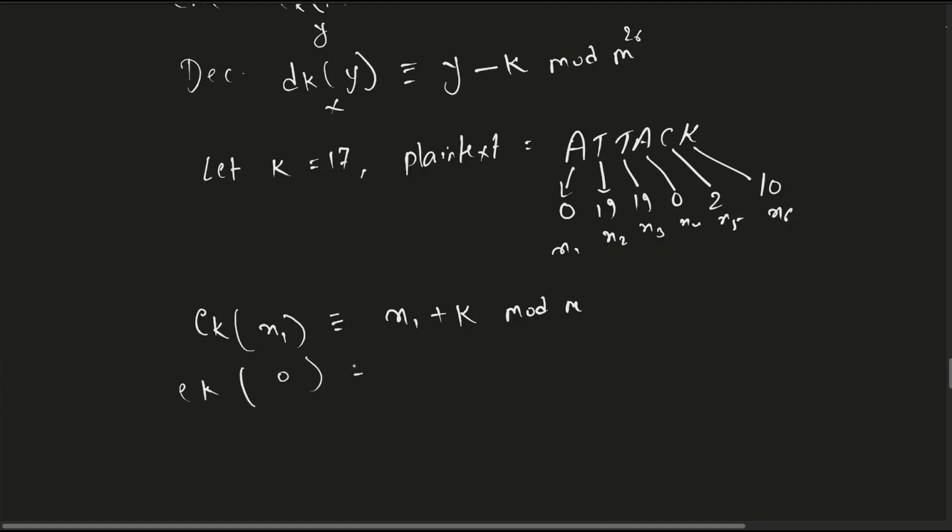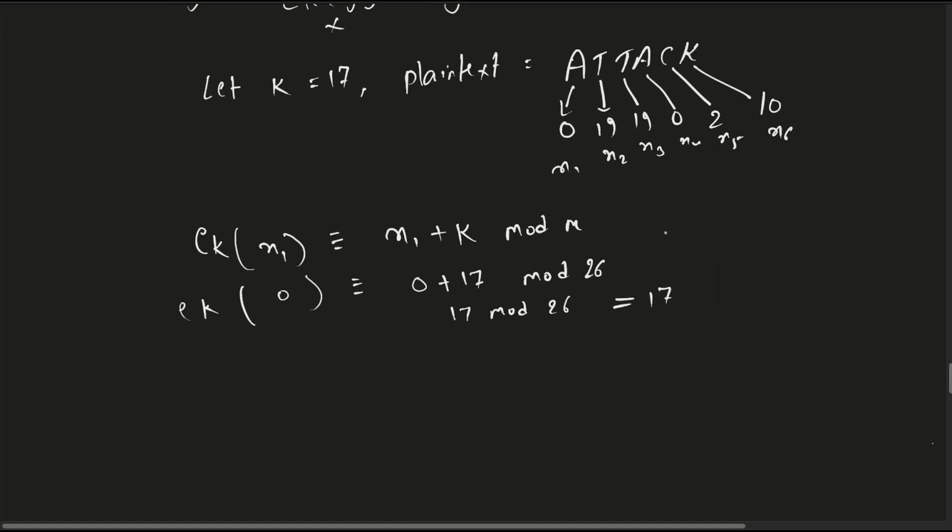The encryption of 0 is 0 plus 17 mod 26, so it's 17 mod 26. This gives the remainder of 17 itself. This is the first one complete.